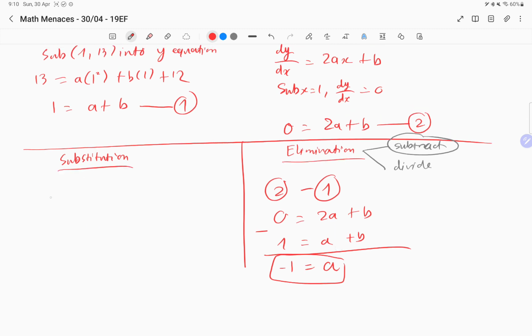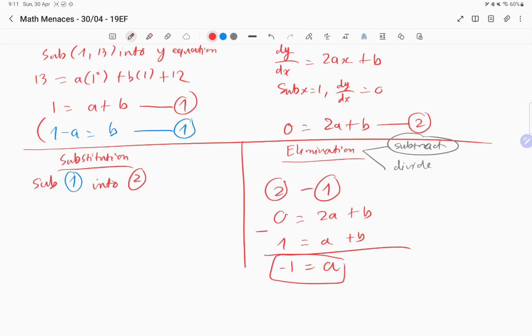Substitution, you need to change one of the formulas. So in this case, let's say I try to solve for a again. From equation 1, I would change that. I'll write a second version of equation 1. I'll make b the subject. 1 minus a equals b. Let's say this is the blue equation 1. In the substitution method, I need to sub the blue equation 1 into equation 2.